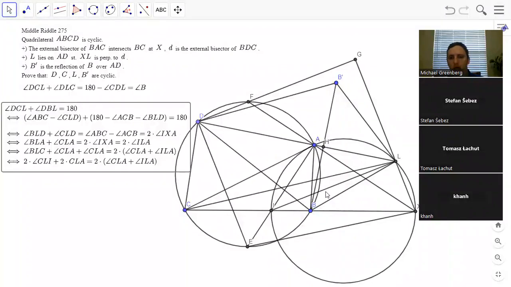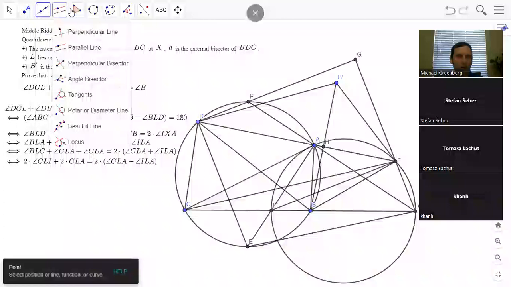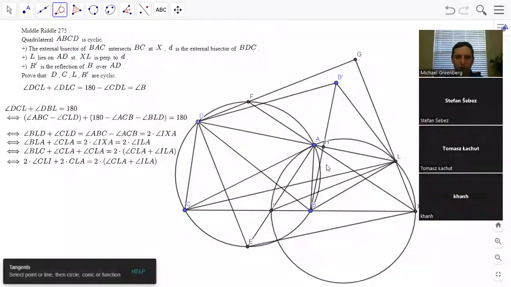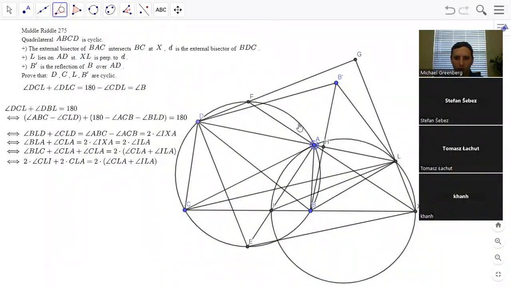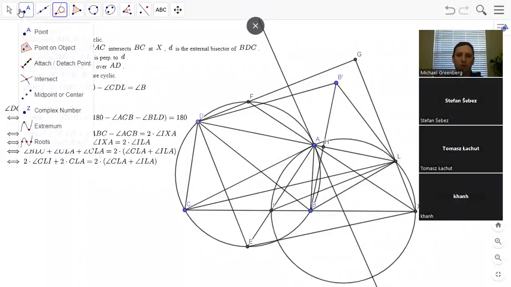So this should be explained. If you take the tangent to the circle ABC at A, then it would pass through the center of that Apollonius circle. That is a well-known fact. Yes.